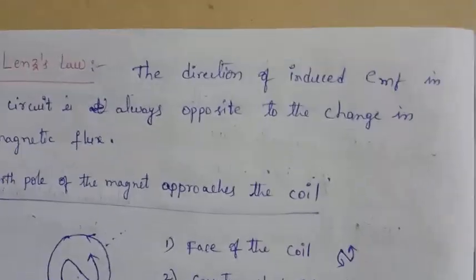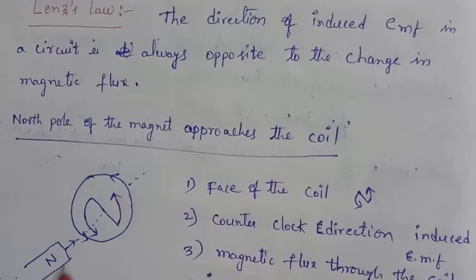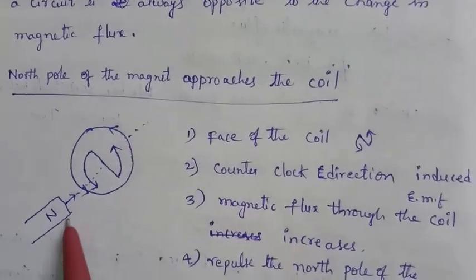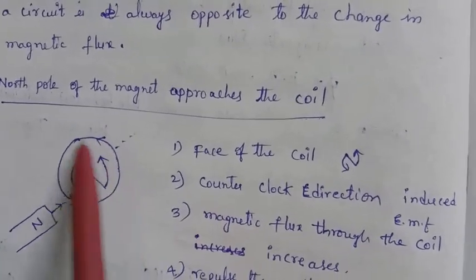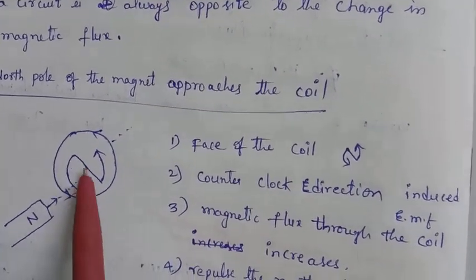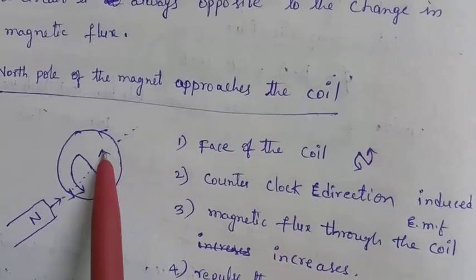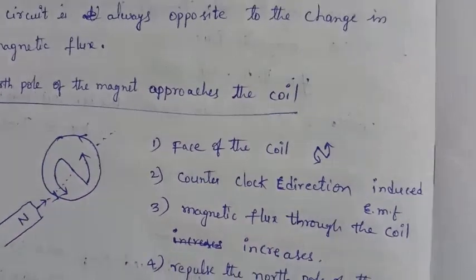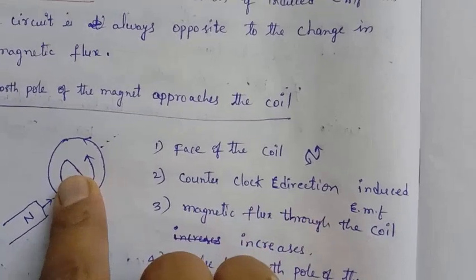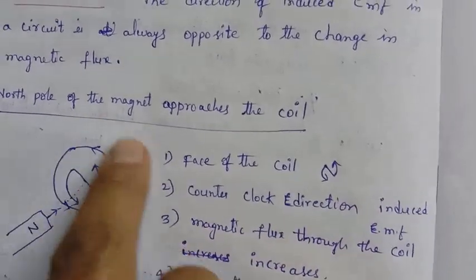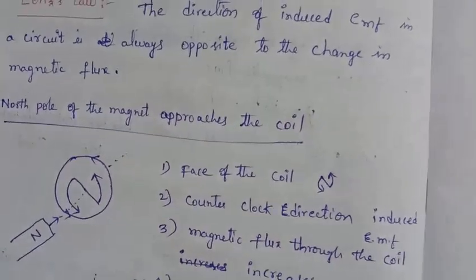Now Lenz's law: suppose the north pole approaches the coil. The face of the coil facing the magnet will show the induced EMF direction. According to the right hand thumb rule, the EMF is induced in the opposite direction.